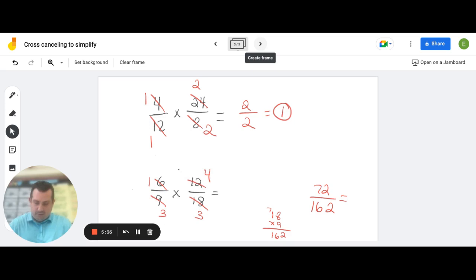Multiply across. 1 times 4 is 4, and 3 times 3 is 9. And you have 4/9. So cross-canceling will make your multiplication a lot easier. You'll have to know your factors and do a little of your basic division, but it will make it easier for you.